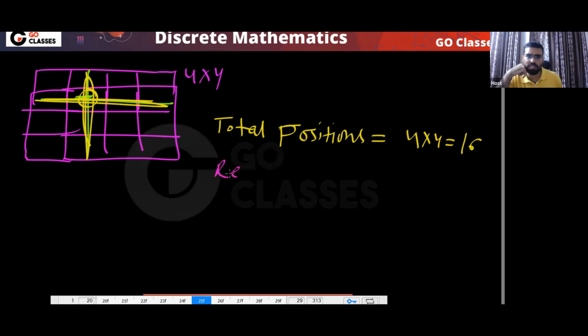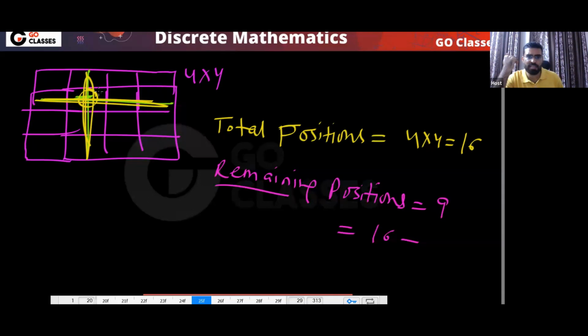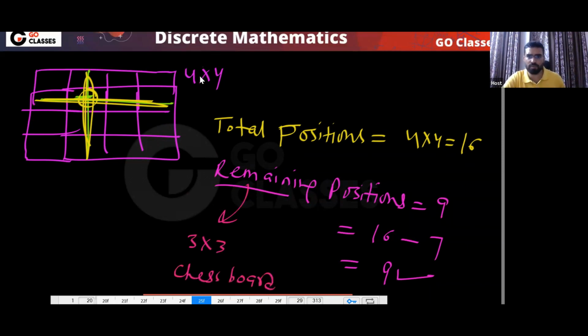So how many remaining positions? That will be 1, 2, 3, 4, 5, 6, 7, 8, 9. The remaining positions will be 9, because 7 positions are gone from 16. Is it clear? Because the remaining is a 3 by 3 chessboard.